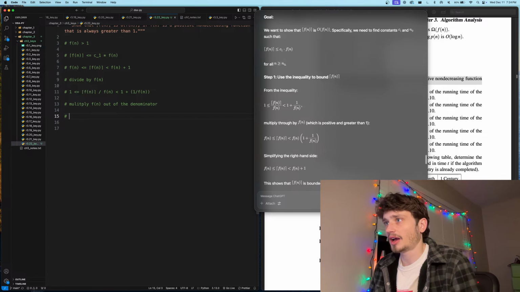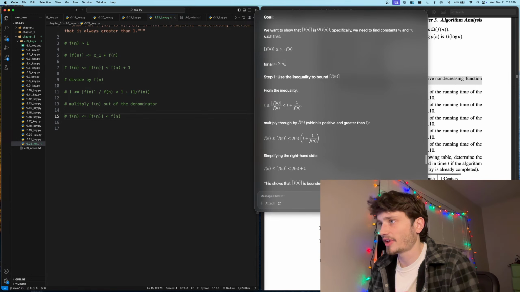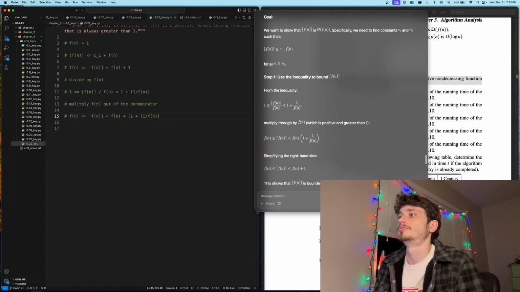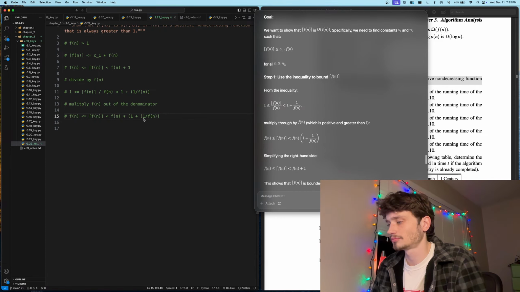So this would give us f of n is less than or equal to the ceiling of f of n, which is less than or equal to f of n out front times 1 plus 1 over f of n. One more parenthesis.